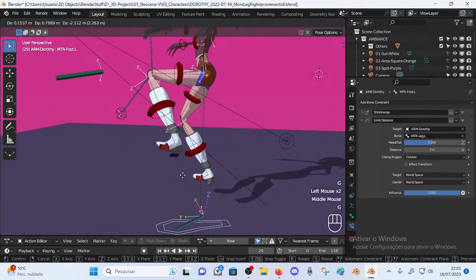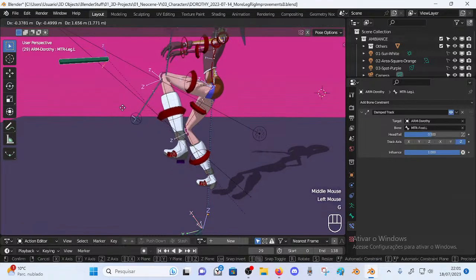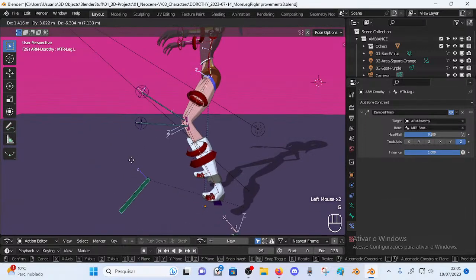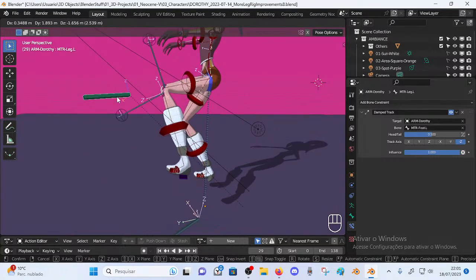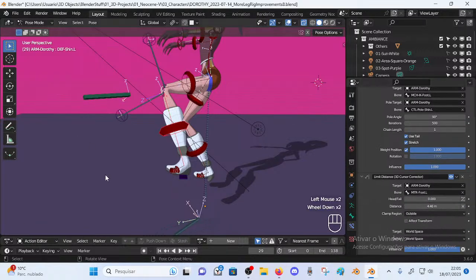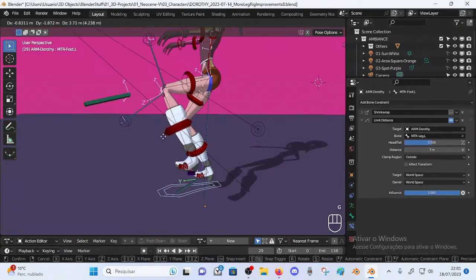Let's see now what I was willing to show. Oh yes, this is limit distance. So actually this bone is being pushed outside, away from this one. You see here, when this bone constraint is on and I push this on, this is not working.